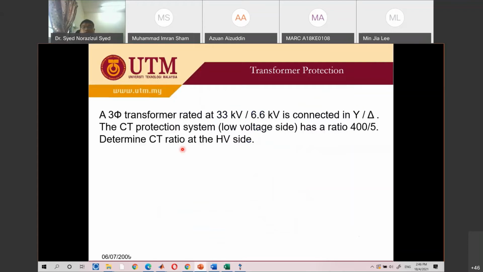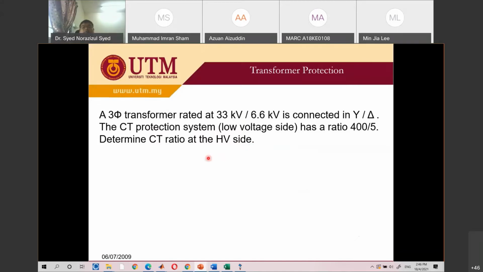Okay. A three-phase transformer rated at 33 kV/6.6 kV is connected in star delta, and the CT protected system at the low voltage side has a ratio of 400/5. Determine the CT ratio at the HV side. I think this is a common question for your test or for your final.